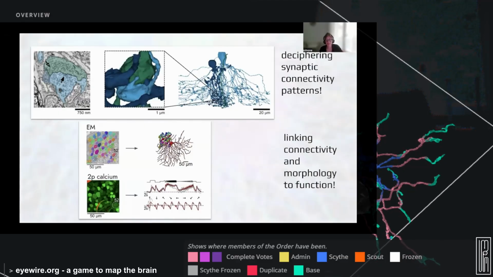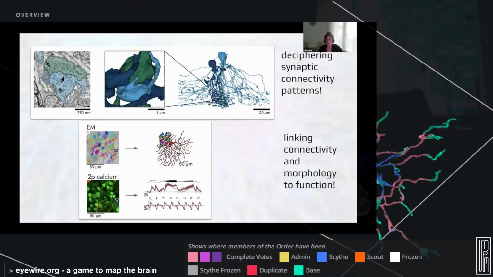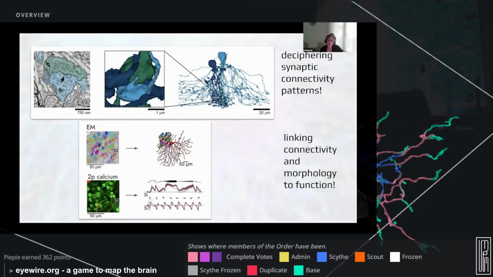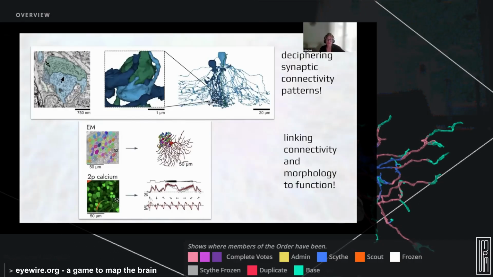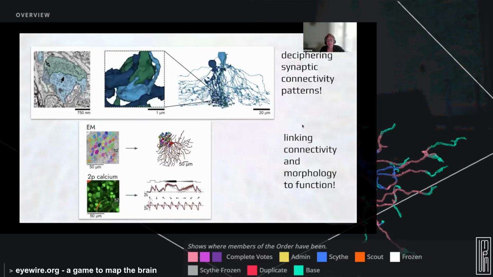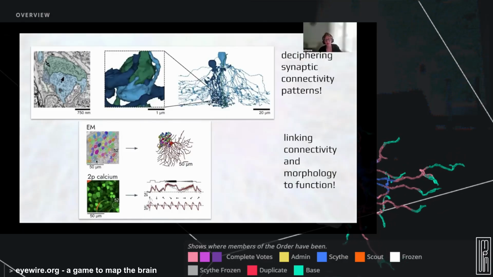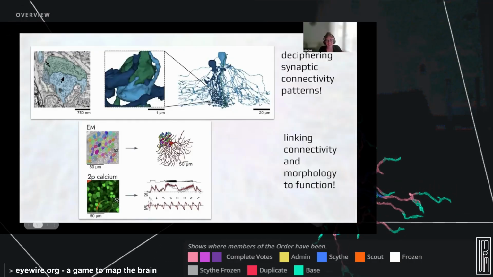And that's part of the data set. So we have the full morphological reconstruction of a cell and we know how it responds to a visual stimulus. We hope that if we put every piece of the puzzle together, we can really recreate how a cell in the retina transmits or encodes a visual stimulus. And that will be very exciting for us.